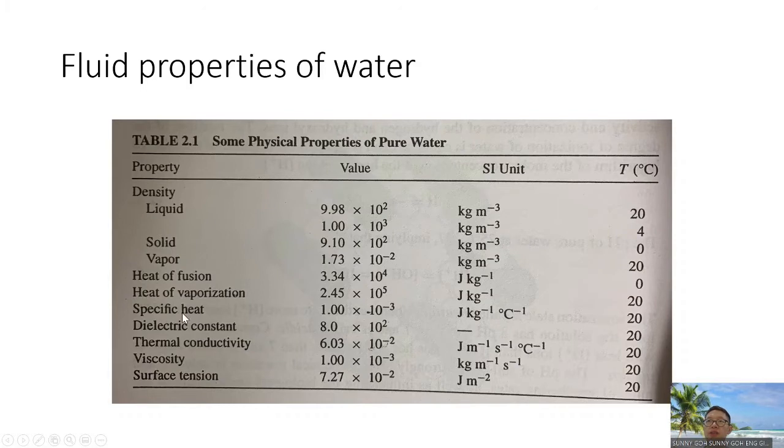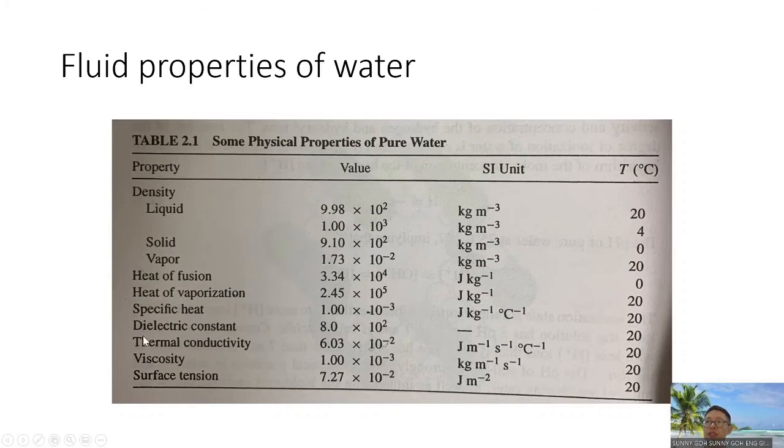Specific heat is referring to the amount of energy required to increase a unit of temperature, which is here referring to degrees Celsius. For 1 kilogram of liquid at 20 degrees Celsius, the amount of joule required is 1 multiplied by 10 to the power -3, right?